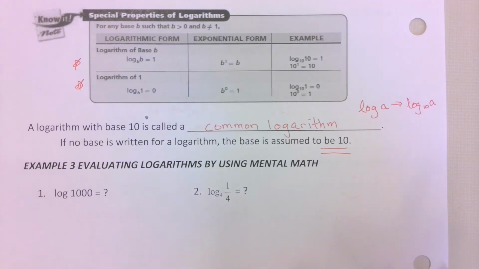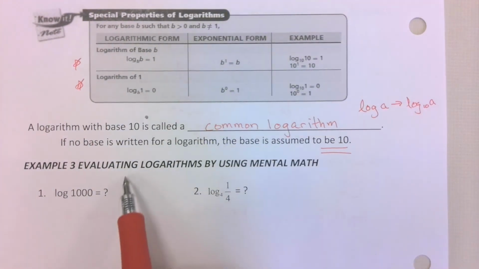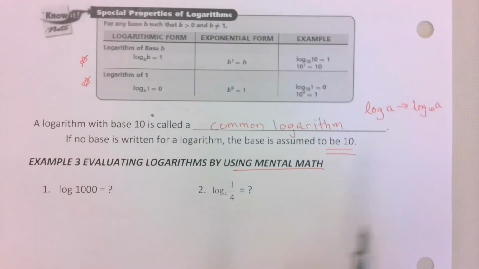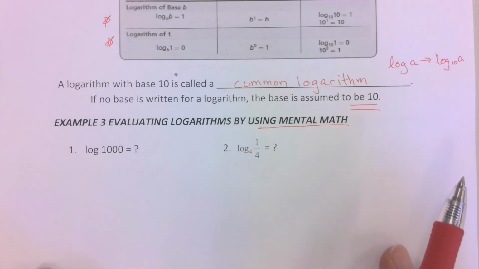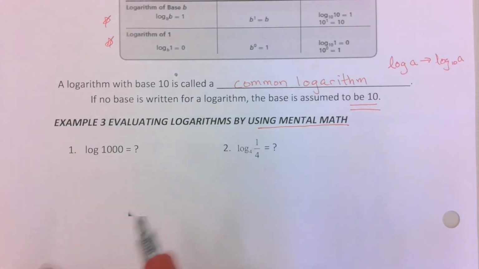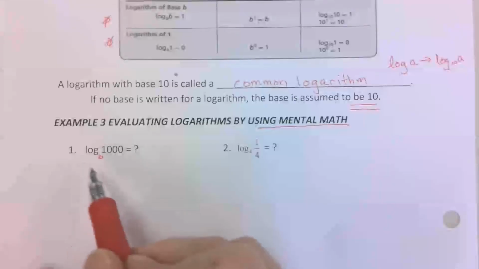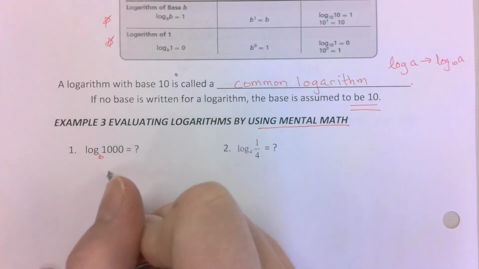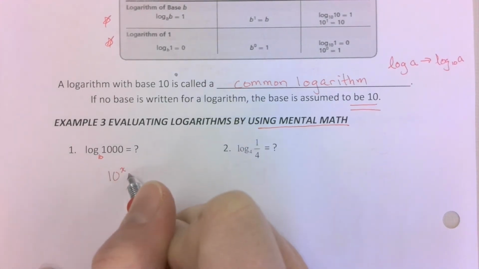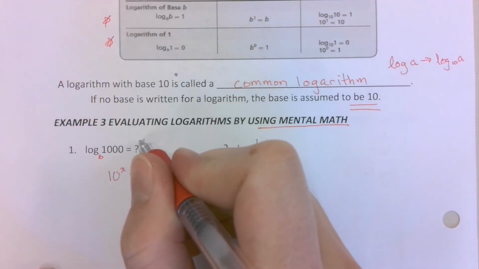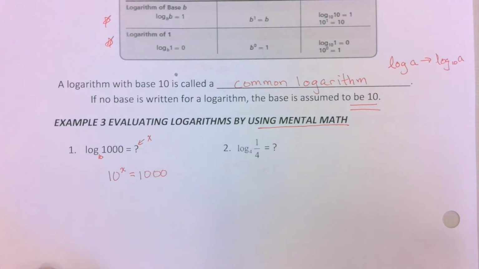If I'm looking at this one, notice the directions say evaluate logarithms by using mental math. The ones that we're working on today are ones that we don't need a calculator on. So it just says log, and I know that must mean log base 10. Let's take this out of log form, even though I could use my calculator. It's 10 to some power equals 1,000. So I'm going to replace that question mark with an X. I like to fill in all the pieces.